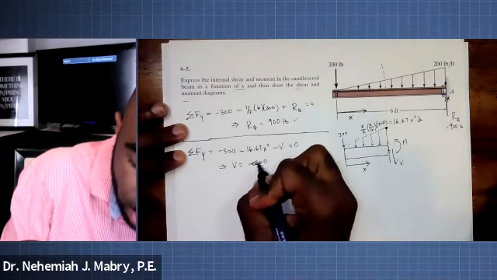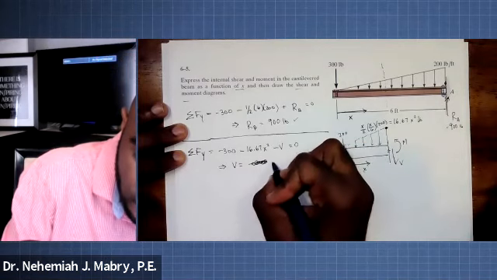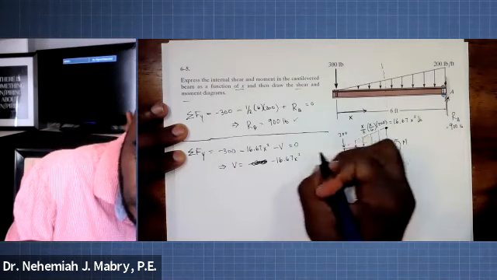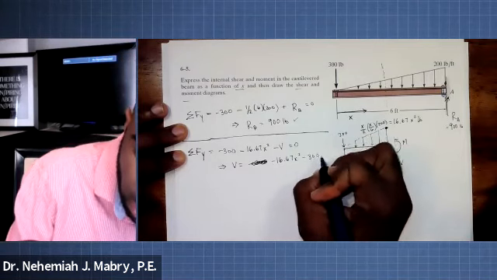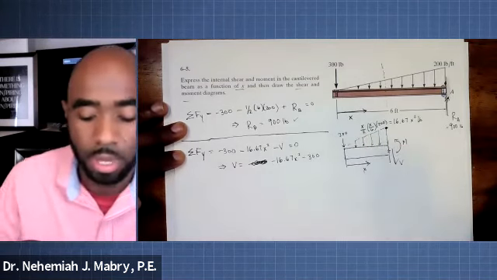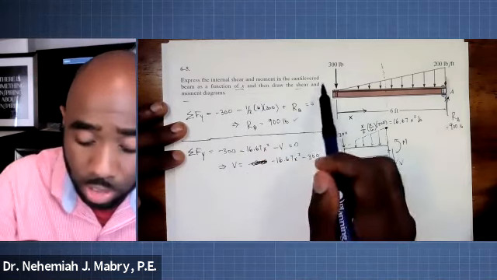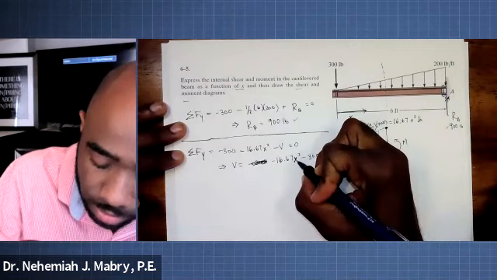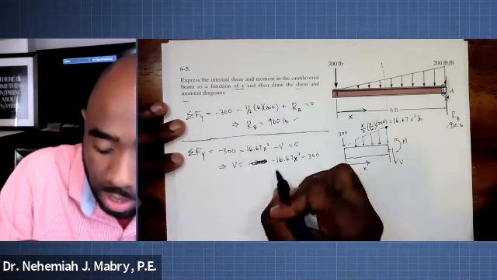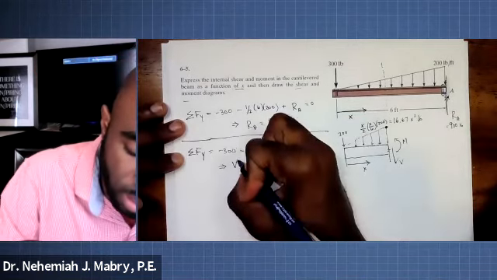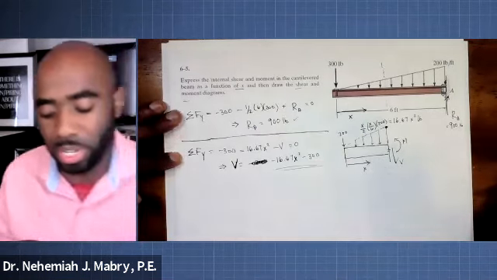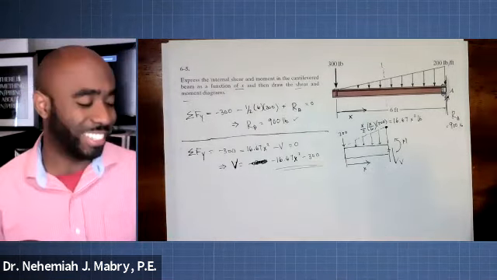Matter of fact, let me write the variable in front. So guess what that is, y'all? That is showing V as a function of X. That's what we just did there. That's V. I scratched that out just to get it in that order, right? The way that we typically write it in calculus.